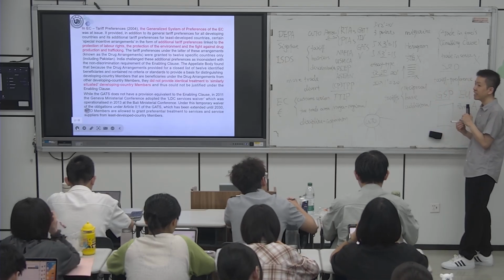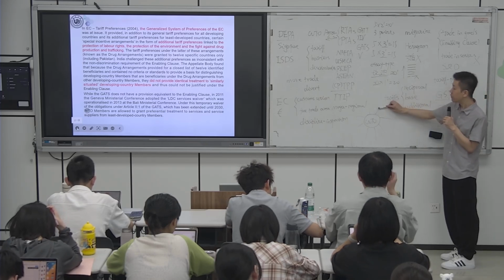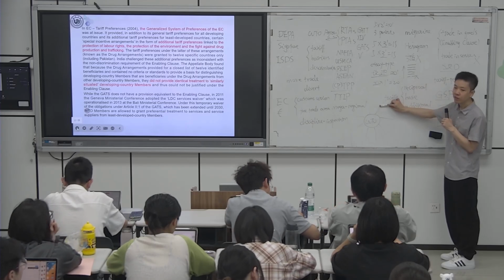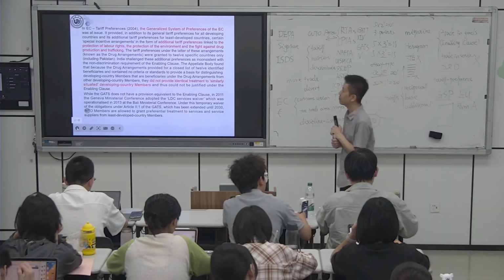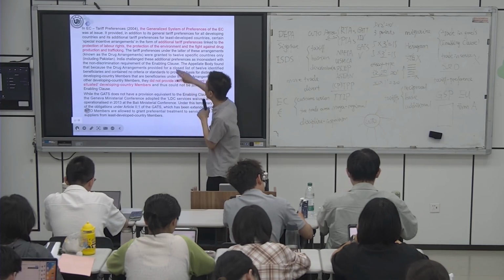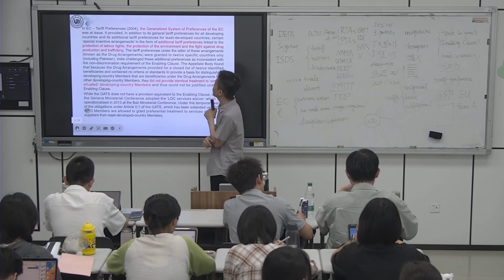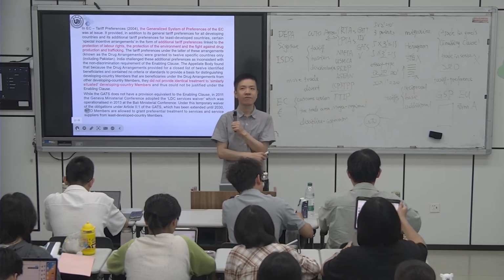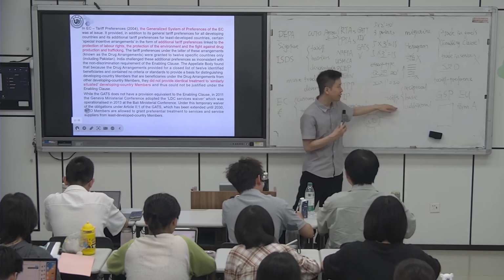Tariffs can be divided into three types: base tariffs, reciprocal tariffs, and additional tariffs. What does additional tariffs mean? Look here, additional tariff preferences. Is it similar to additional tariffs?